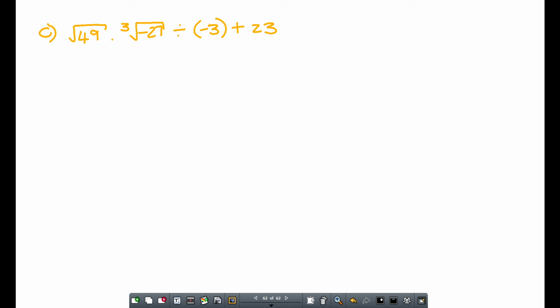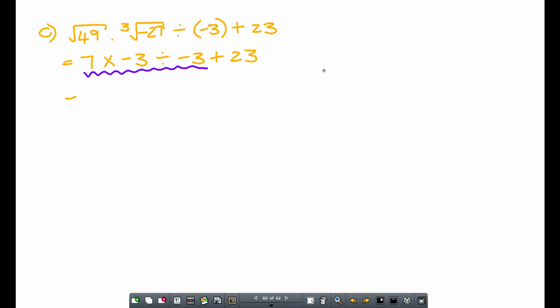Okay, right. So the square root of 49 is going to give me 7. The cube root of negative 27 is minus 3. Then divided by minus 3, plus 23. Now, once I get here, I've got to look at BODMAS. Which one of those is more important? The multiplication and the division. No? Okay, so this first part, I'm going to sort out.